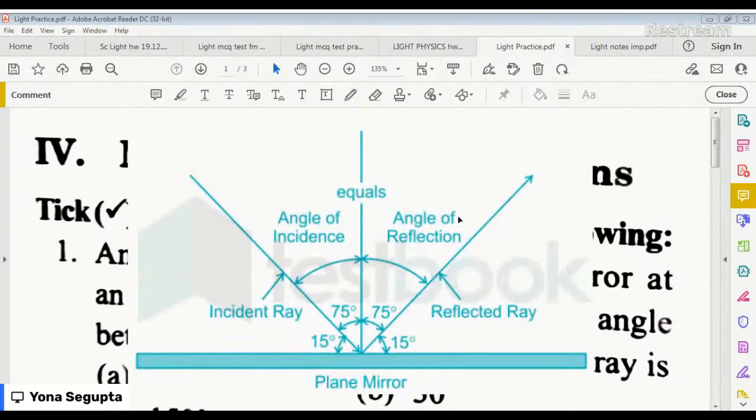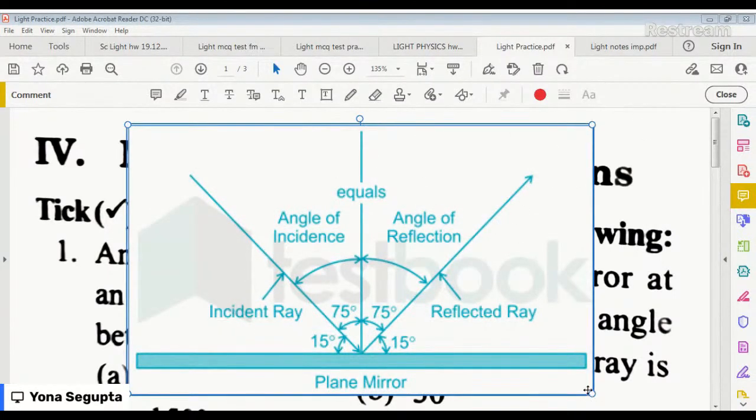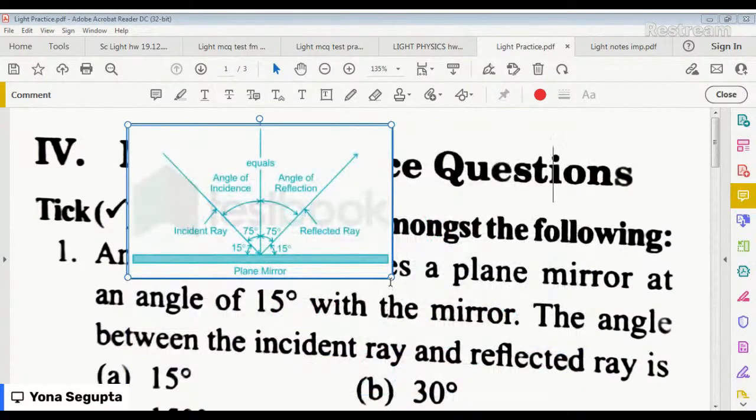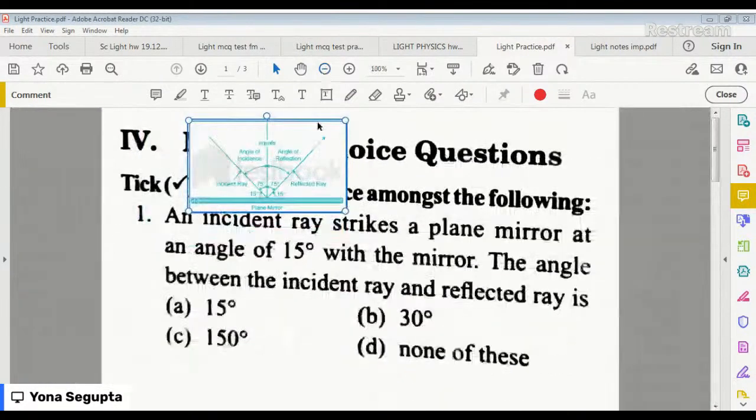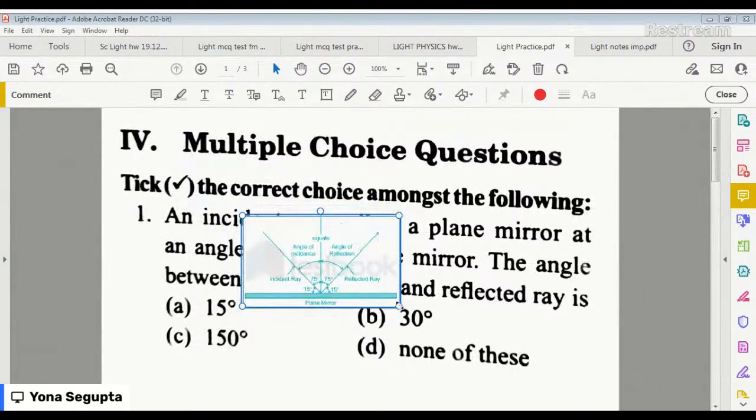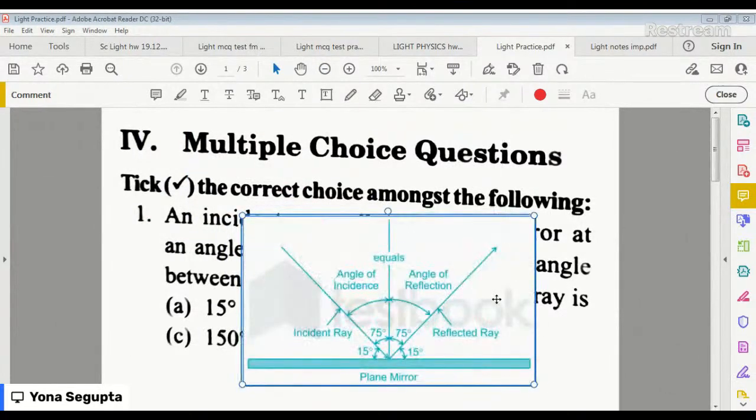I hope you can see this picture. Yes, this picture, can you see? So in this picture, what you see is the law of reflection. What is the law of reflection here?